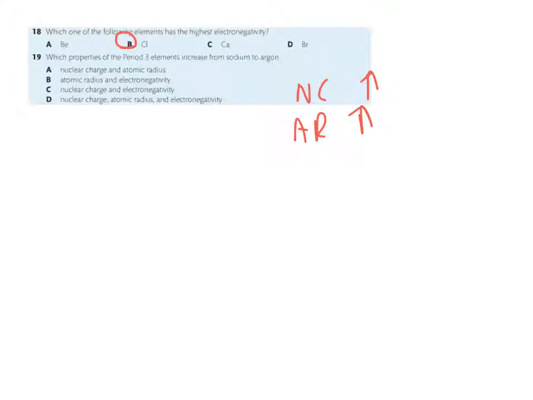I'm sorry, atomic radius decreases. And nuclear charge increases is the reason atomic radius decreases, and electronegativity then also increases. So C would be the correct combination.